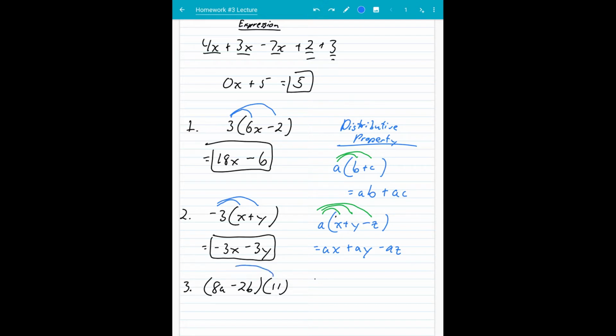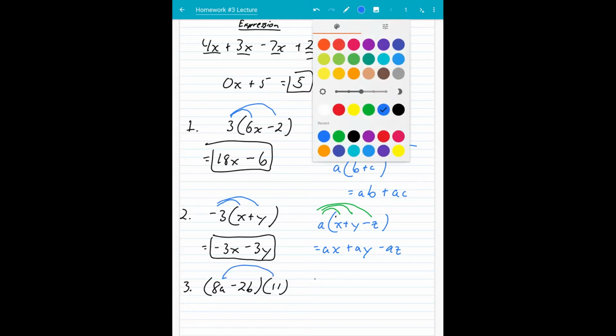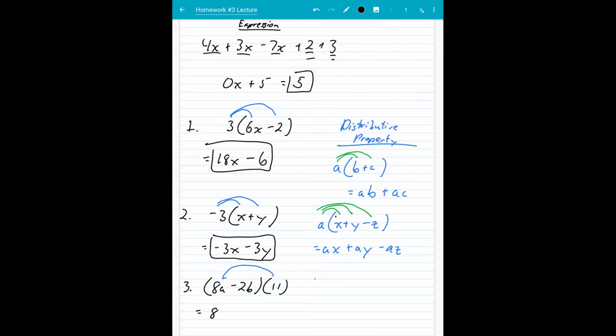So let's do the 11 times 8. That will make 88a. And then the 11 to the negative 2. That makes minus 22b. And there you have it. That gives us our simplified answer.